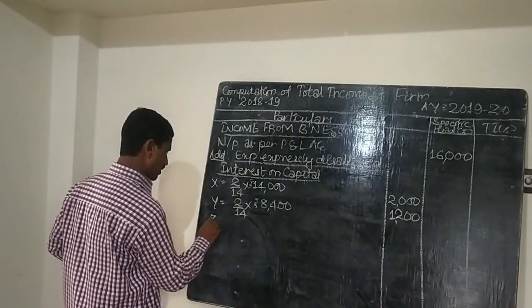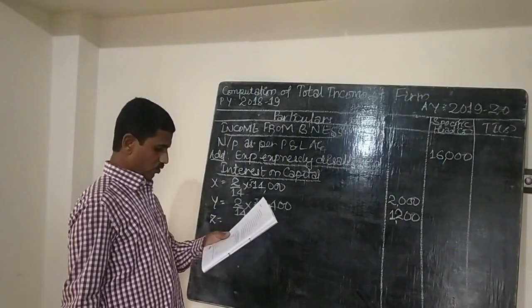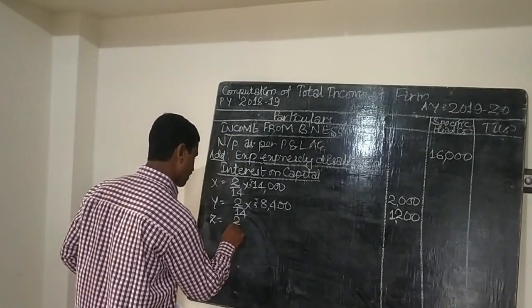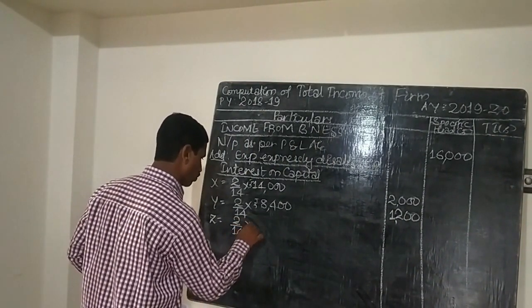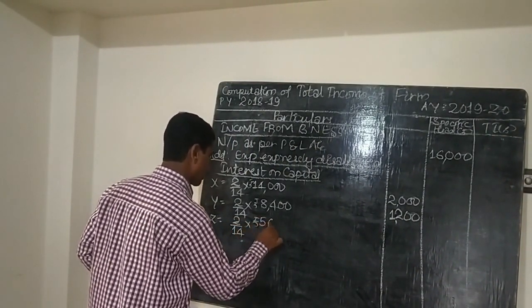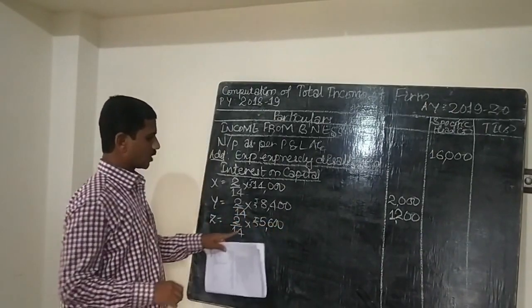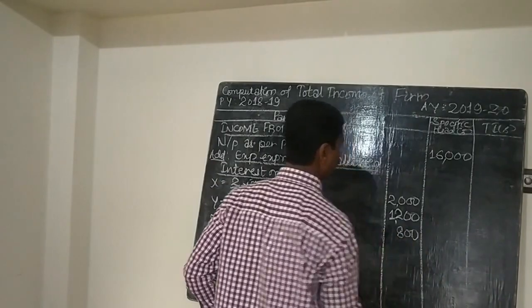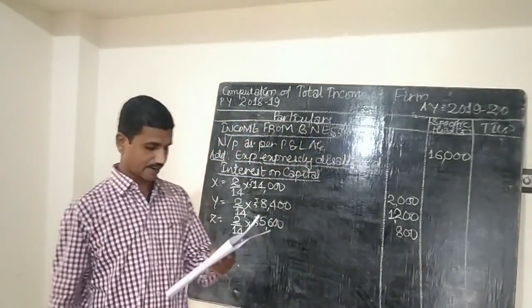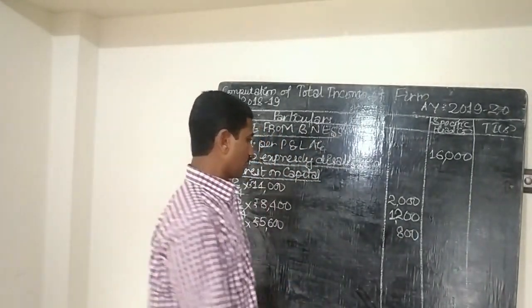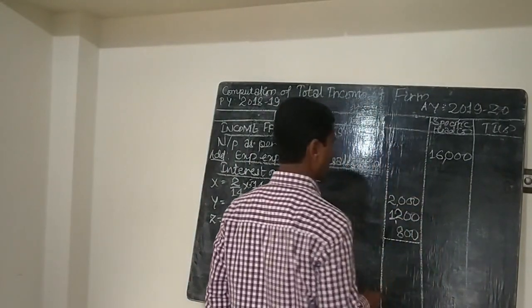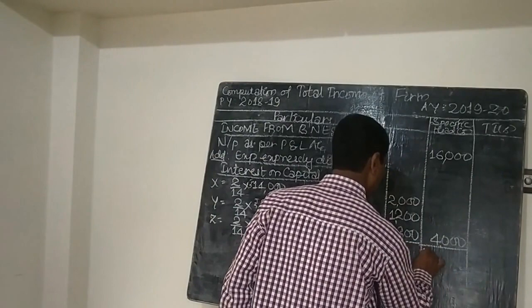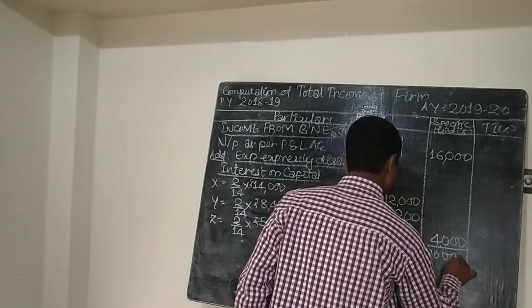Then similarly, let's calculate Z. Z is allowed interest on capital of 5,600. So 2 by 14 into 5,600, so 14 fours, that is 800. So the total interest disallowed is 4,000. Now let us take the total of this, which is 20,000.